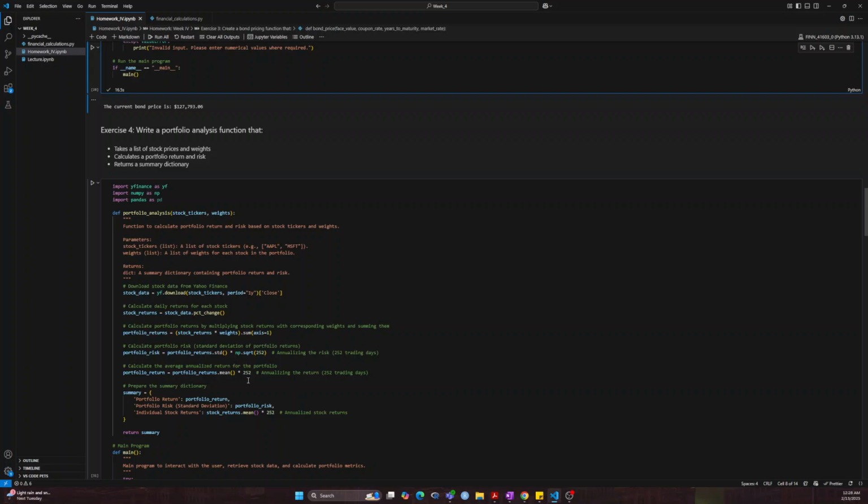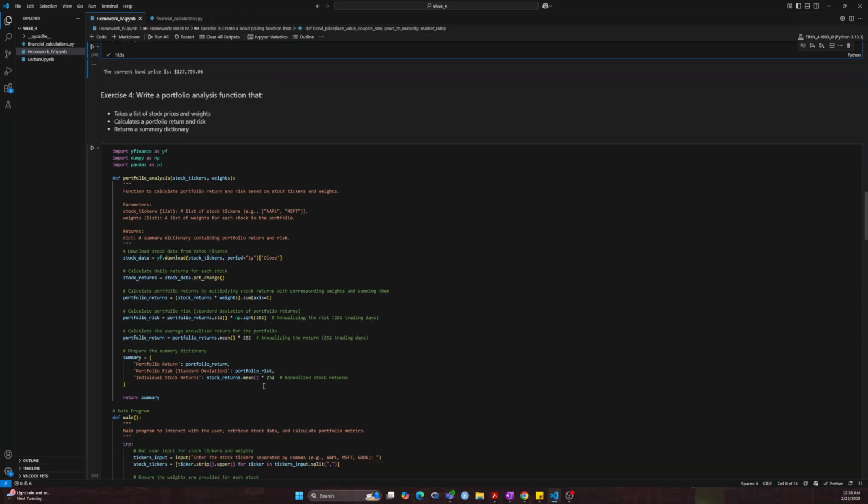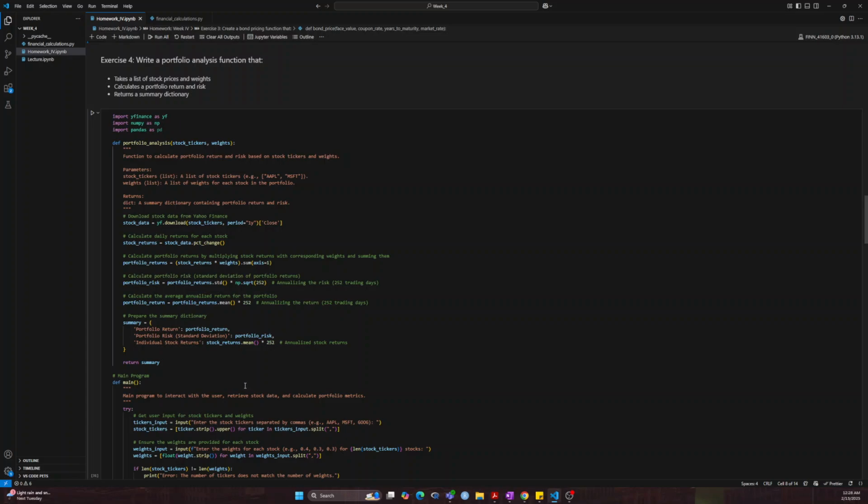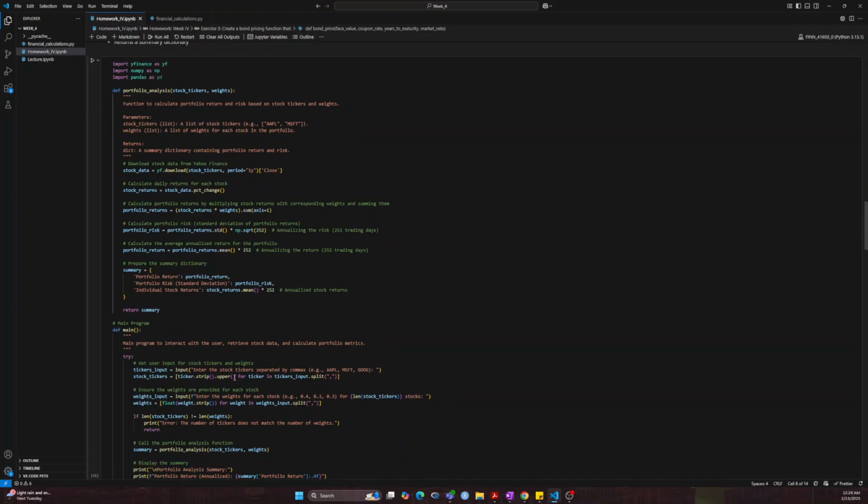The function also displays annualized stock returns and risk, helping investors assess multiple portfolio performance. A way to optimize this function would be, if we had access to a database or any records that would show the weight of each stock in the portfolio, because here we had the user input it manually, but ideally we would want that automated and then put out in a report.